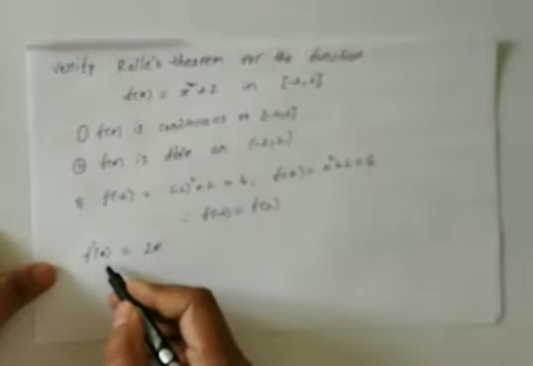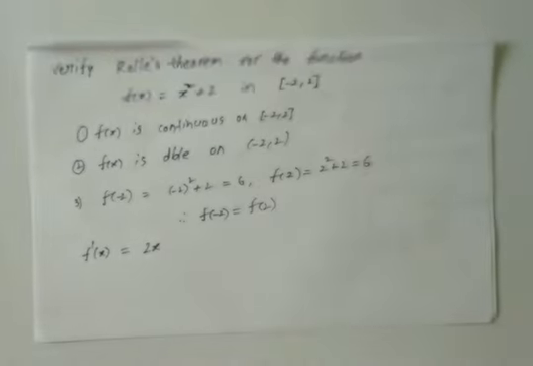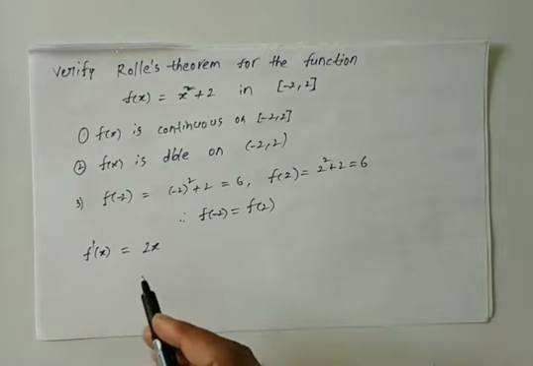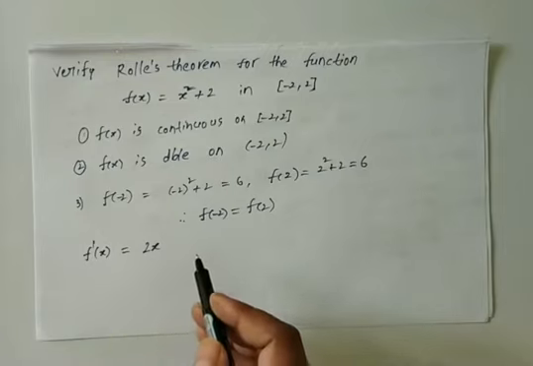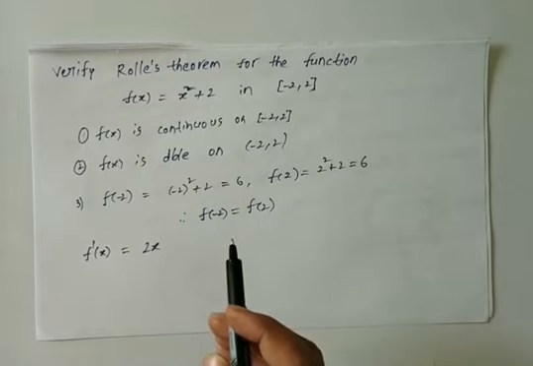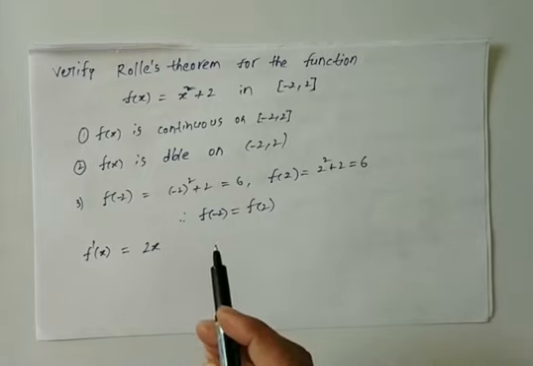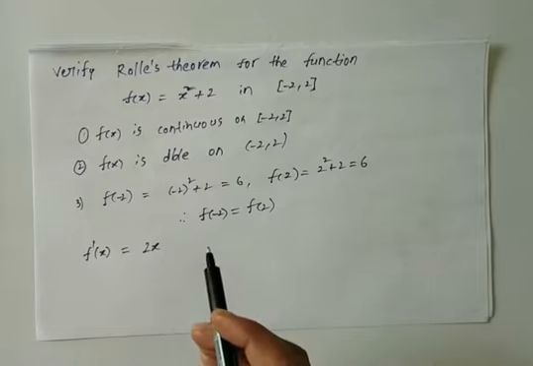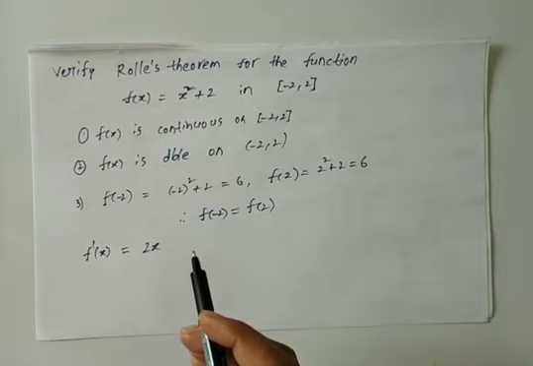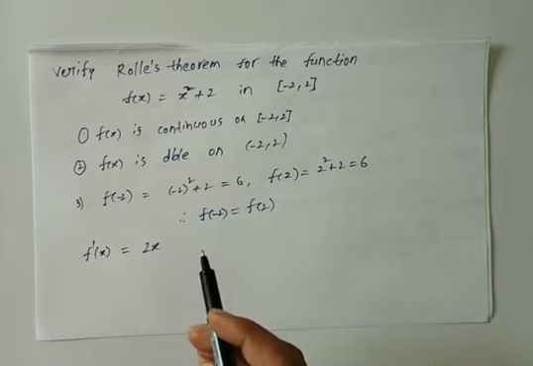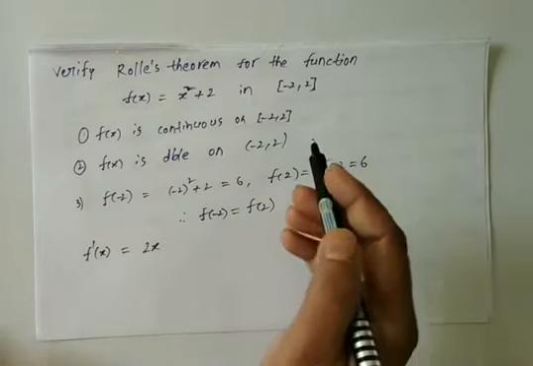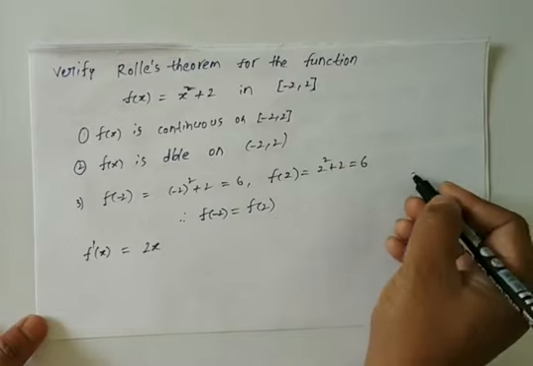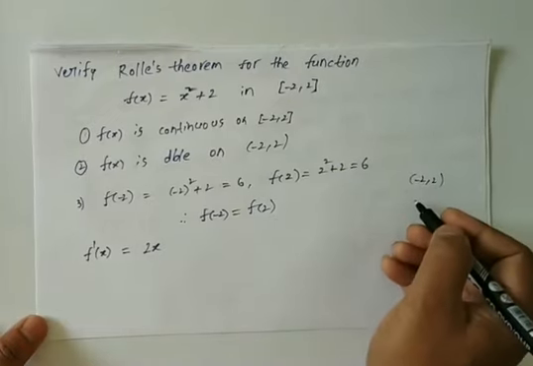Here f dash of x exists for all x in the open interval minus 2 comma 2. That means f dash of x is defined for all x in the open interval minus 2 comma 2.